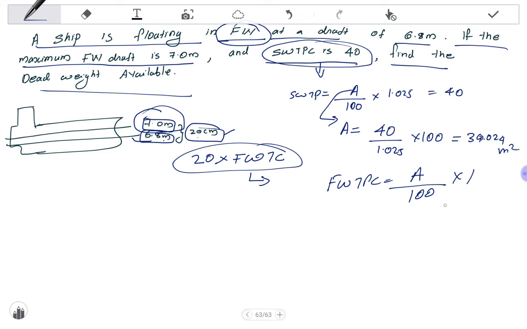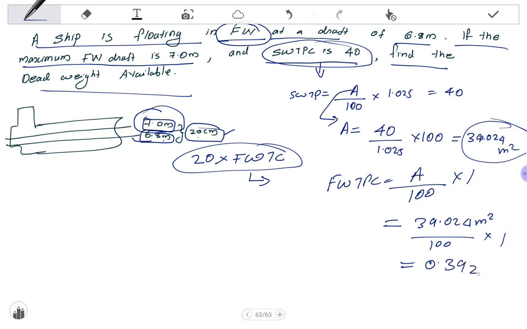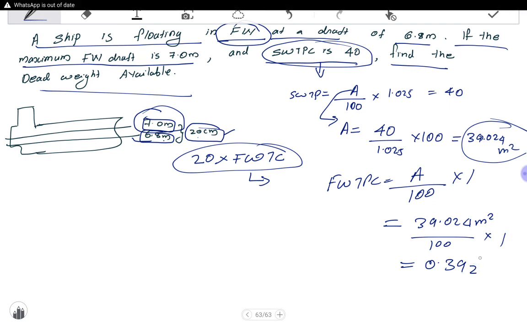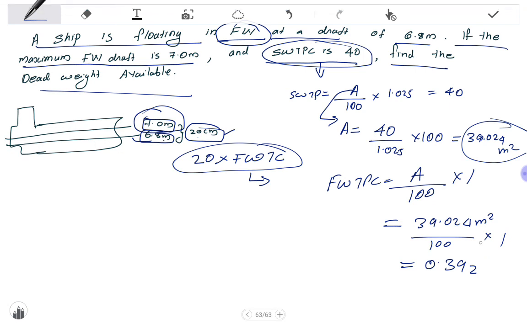So the water plane area here is 39.024 meters square, divided by 100 into 1. So freshwater TPC will be 0.392. No, I made a mistake.